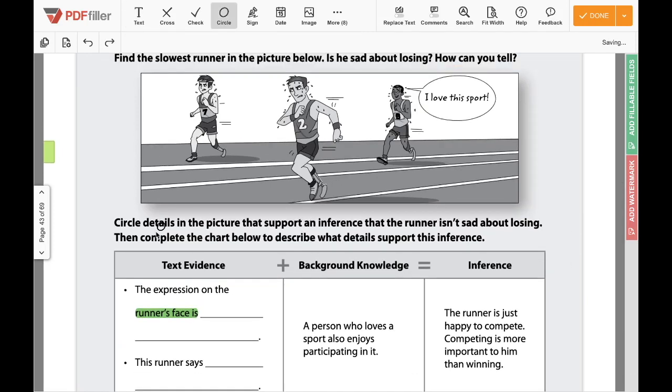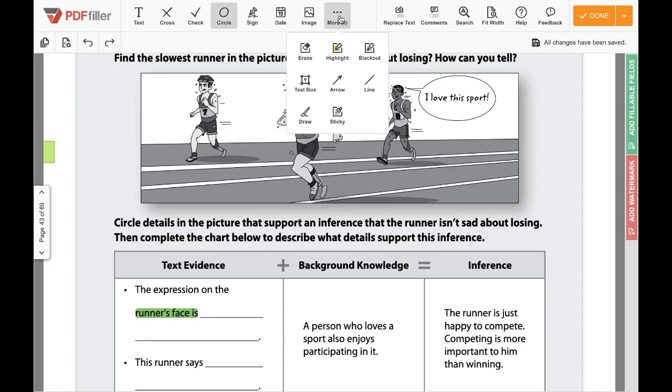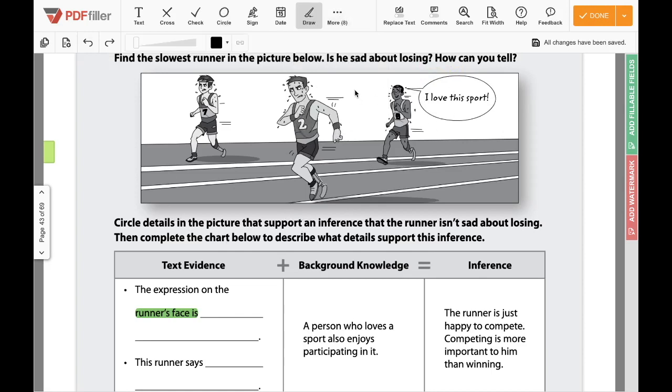So now we talked a little bit about what we're seeing here. But now it tells us to circle details in the picture that support an inference that the runner isn't sad about losing. So like we just talked about, I love this sport. Obviously, that doesn't seem very sad.